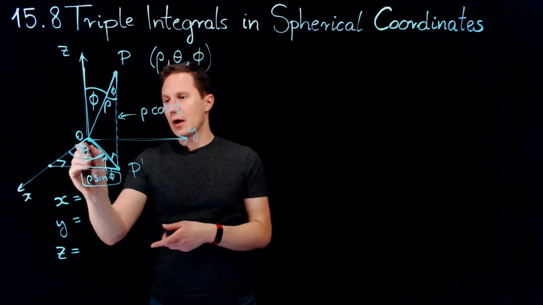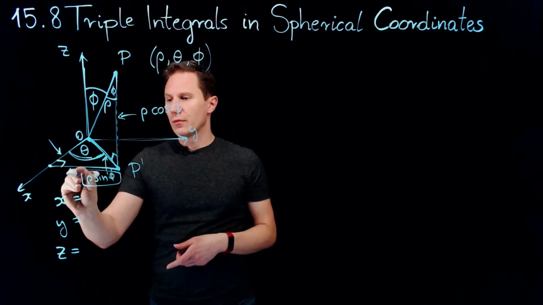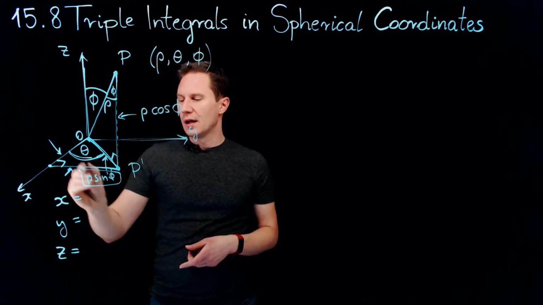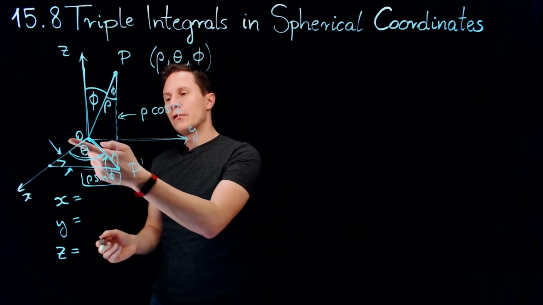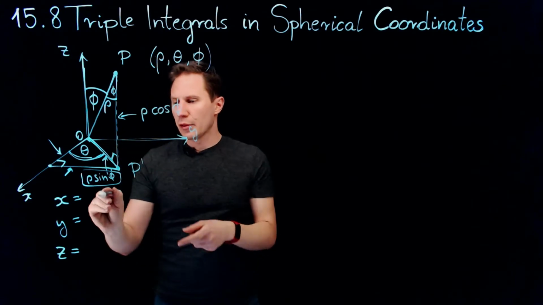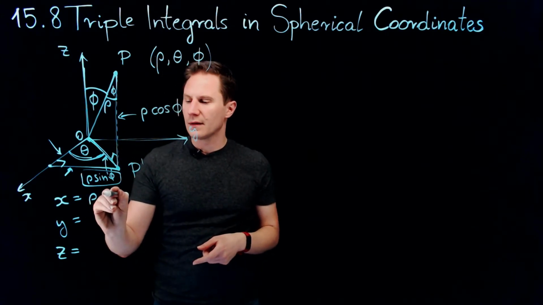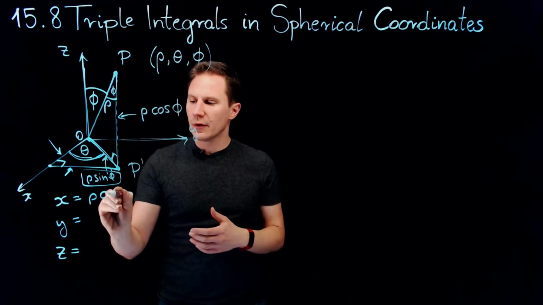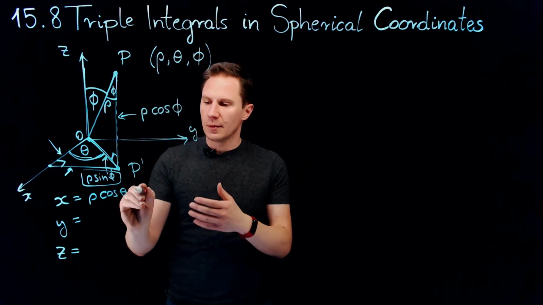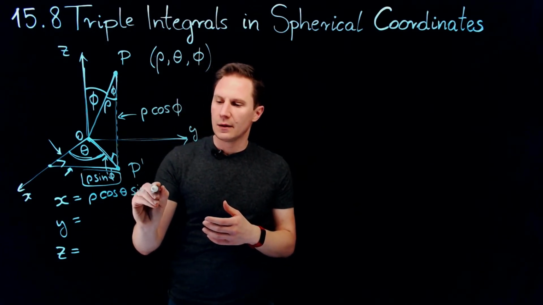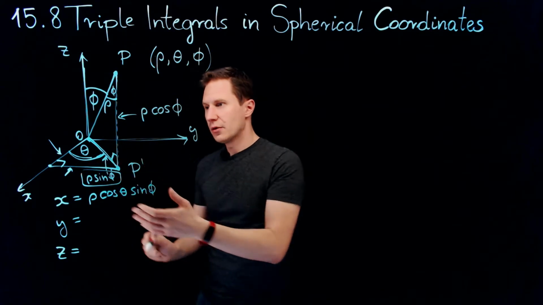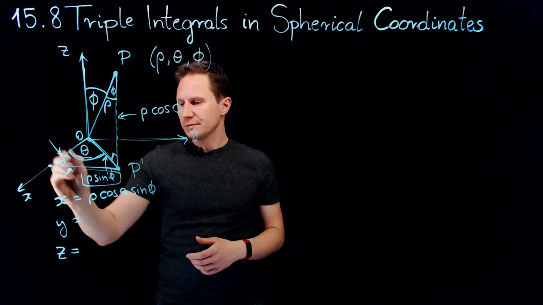So we can now figure out the x and y coordinates. The x coordinate is the cosine of theta times the length of the hypotenuse, so rho times the cosine of theta times the sine of phi.